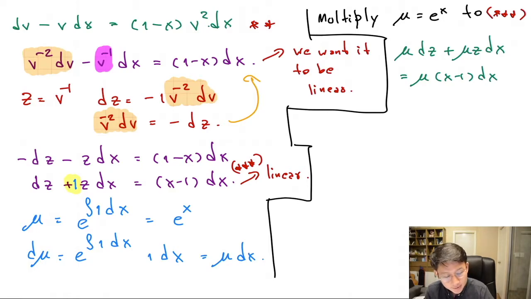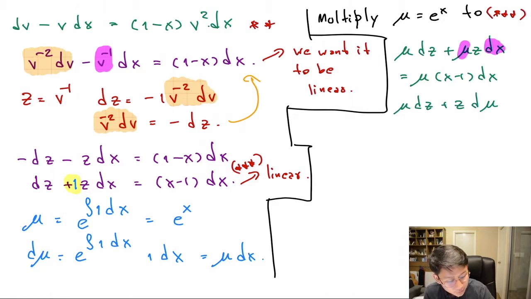Okay guys, but again, as we did many times, mu dx is d mu.